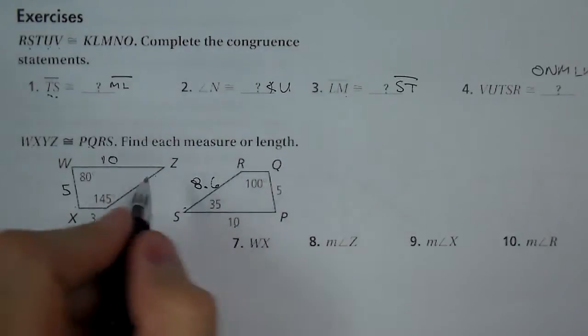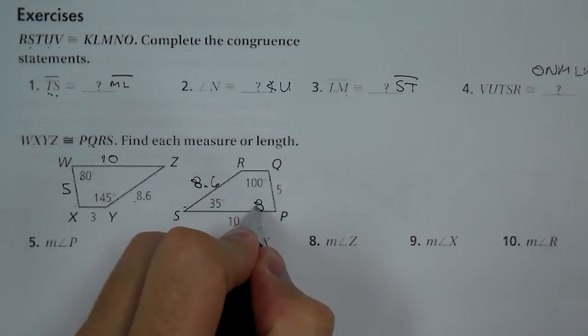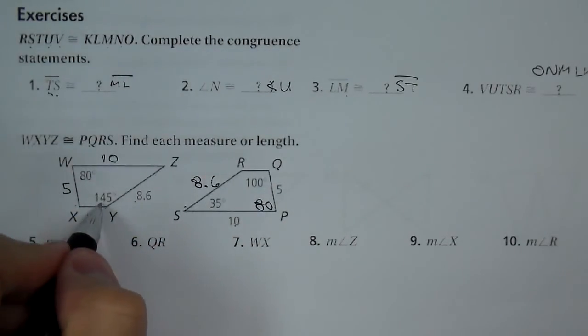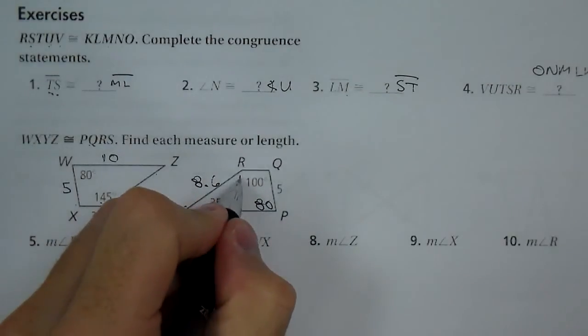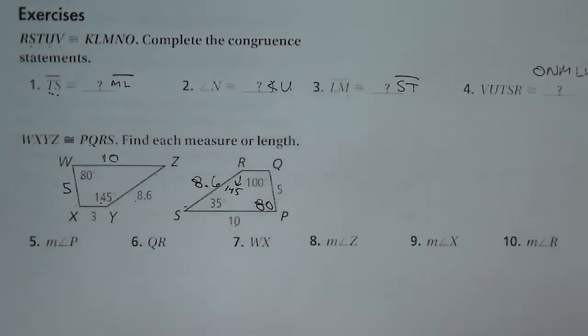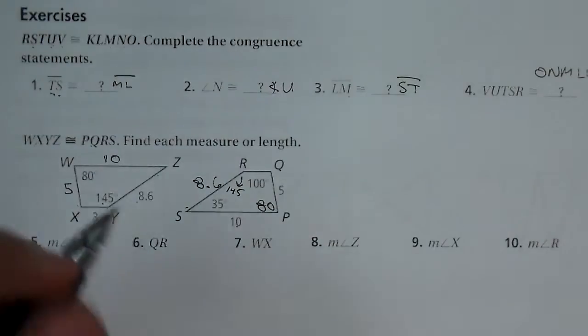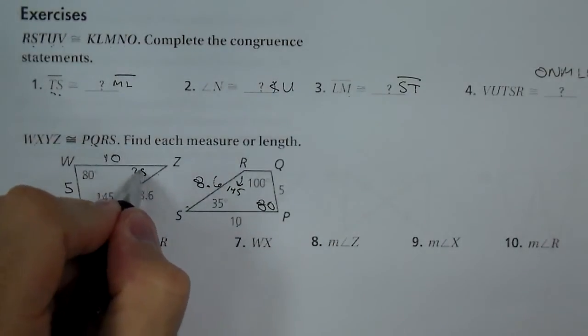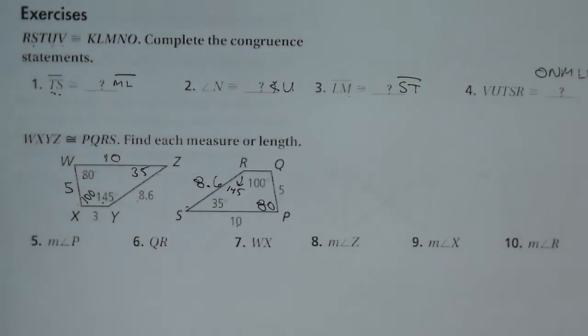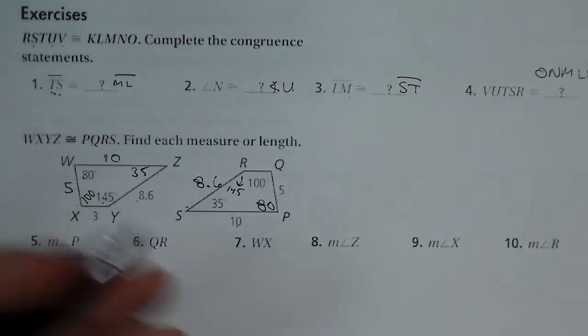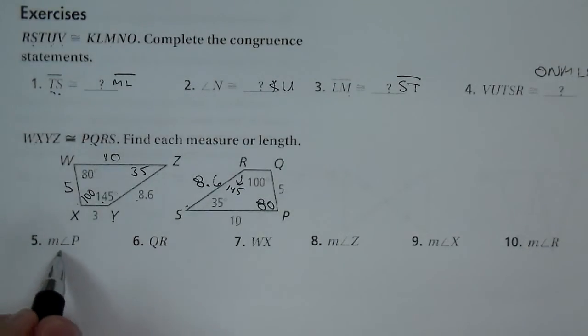W is corresponding to P, so I'm going to make the 80 right here. And then the 145 at Y is corresponding to R, so 145 here. So now I have, let's bring the rest of it over, 35 and 100, all my parts labeled using corresponding parts. So it's just going through finding the information.